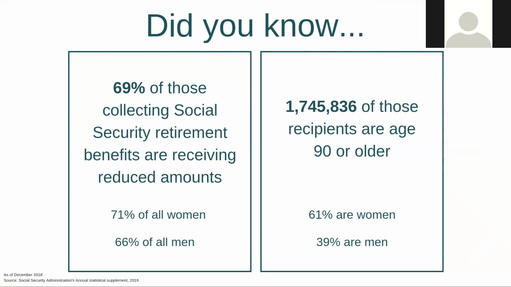And then on the right-hand side, part of the stress that is falling on the Social Security Trust Fund is the fact that people are living longer, right? I just mentioned that. And as you can see, there's almost 1.8 million recipients now that are age 90 or older, right? That's a lot of years that they've been receiving Social Security benefits. And as you can see right down below, 61% of them are women.